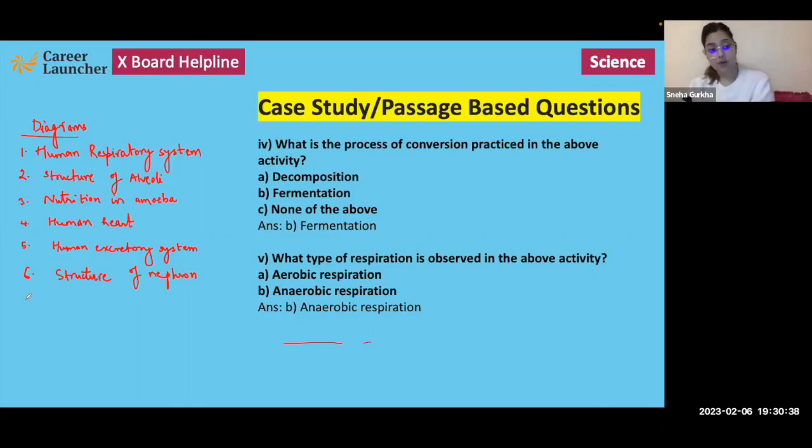And human alimentary canal or human digestive system, right? So these are important things that we need to remember.